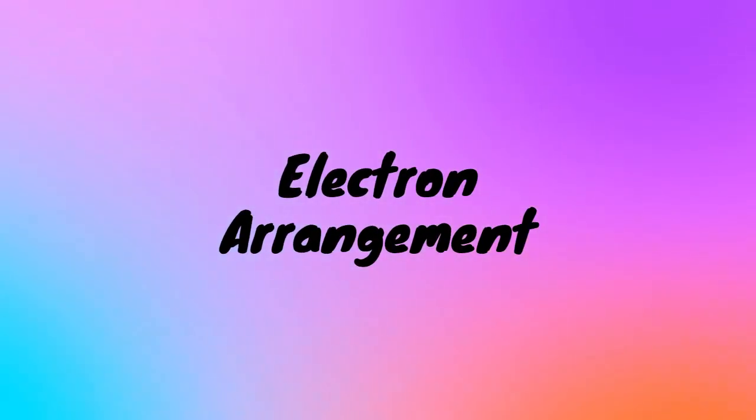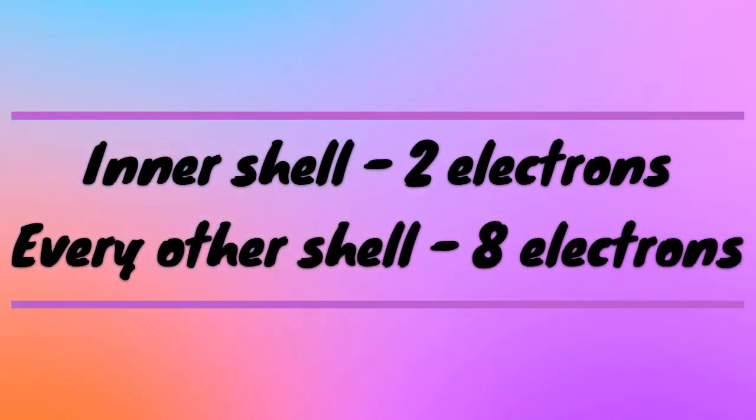Okay, then we're going to move on to a tiny subtopic here called electron arrangement. And this is essentially how chemists write the amount of electrons that are in each shell of an atom. So what we need to know here is that the inner shell, the first shell, is always 2. Essentially, when we have an atom, its first shell can always hold a maximum of 2 electrons.